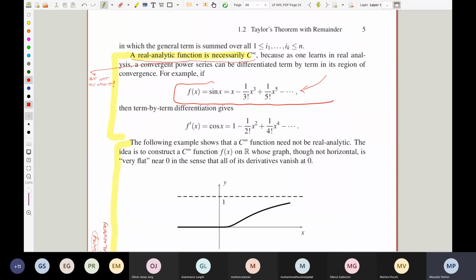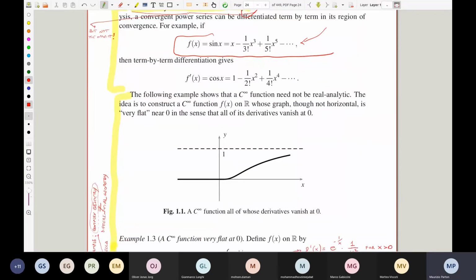Well, a real analytic function is, of course, C infinity. This is a basic fundamental theorem, but it is very important to understand that a C-infinity function is not always real analytic. This is the main difference between complex analysis and real analysis, and will be the main difference between complex differential geometry, lecture 5 by Daniele, and this course.